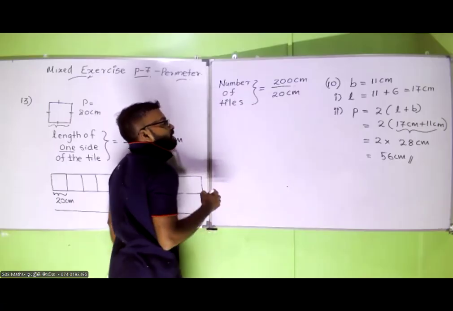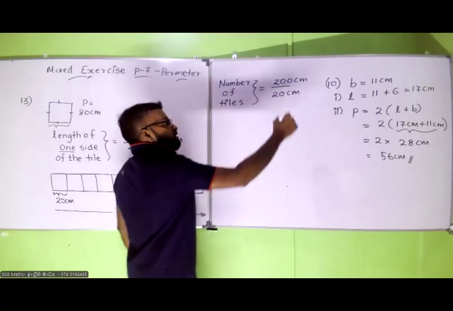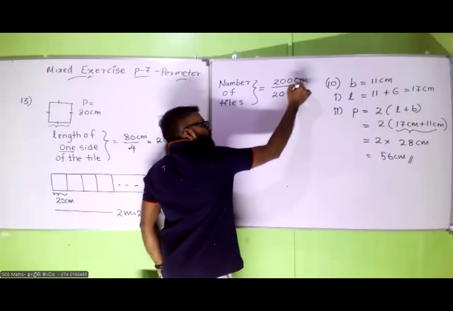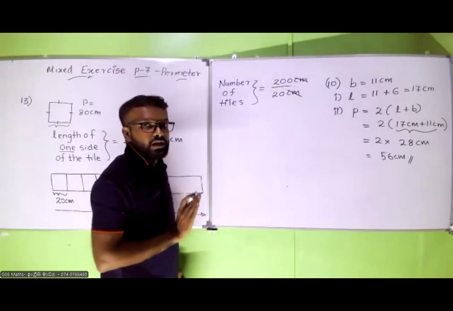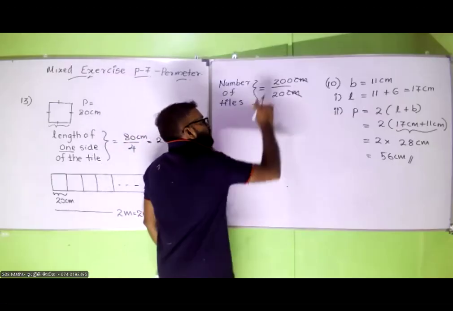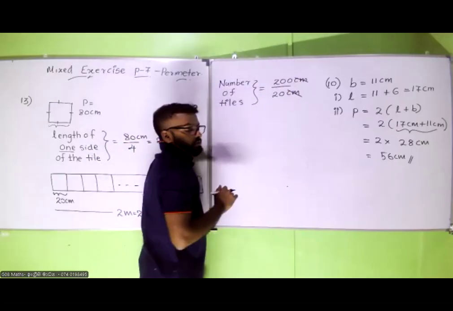Then centimeters and centimeters cancel. So 200 divided by 20.